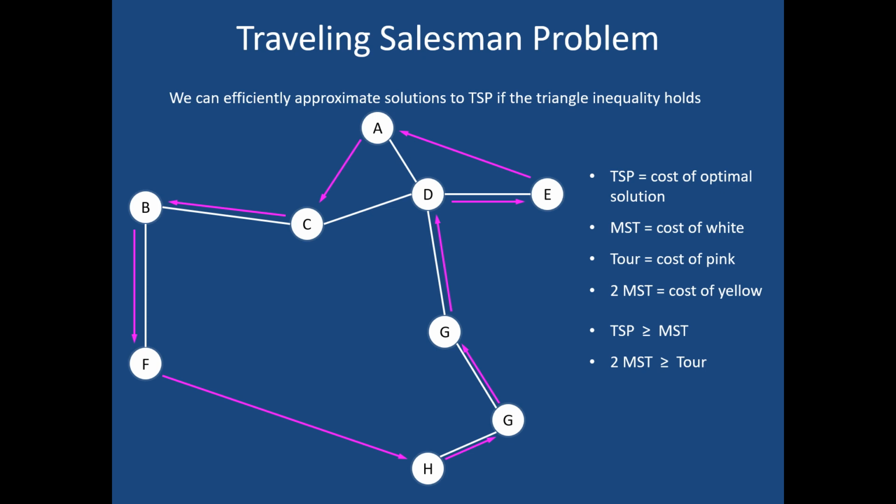Because 2MST is the yellow path, right? The yellow path used every edge twice. And basically, the way we constructed the pink tour was by improving on the yellow tour.